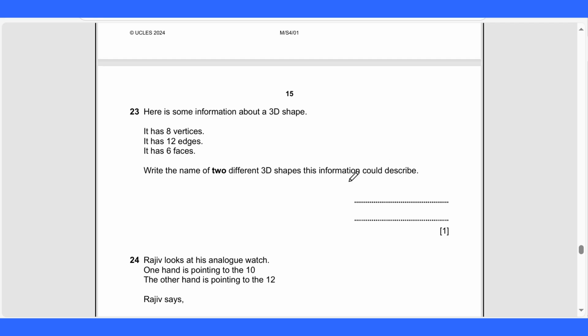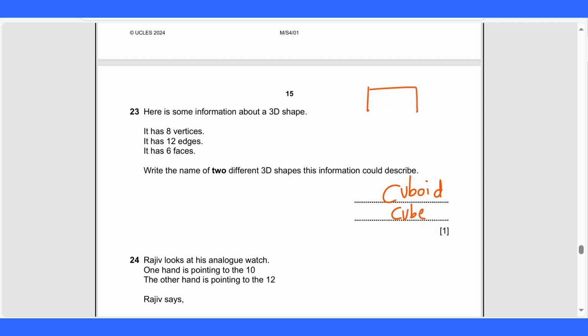so anything with 8 vertices, 12 edges, 6 faces. You can see things in your room or classroom or where you are, so you can get that idea. A box of tissue will be like a cuboid, and any cube, right?